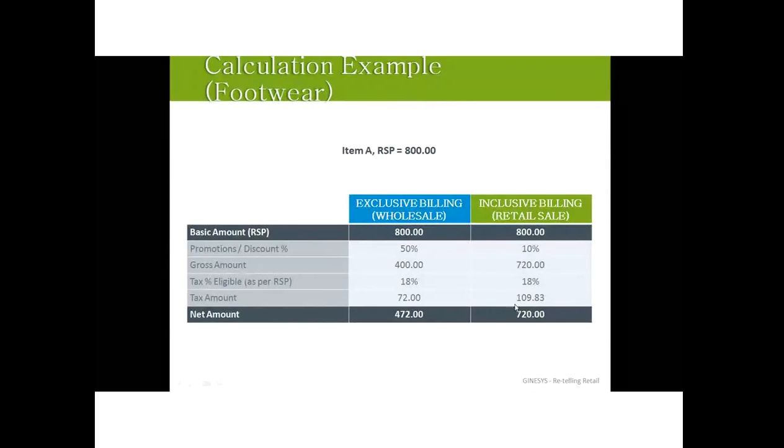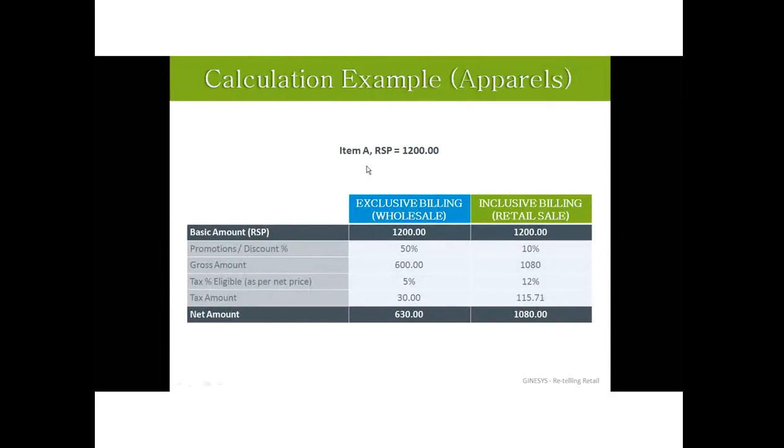So you'll have to back calculate, and approximately 109.83 is getting populated. So the net amount is basically the same as the gross amount since tax is in inclusive mode. Here I would like to point out that even if the transaction value goes below the slab, if the RSP is greater, the tax is picked up as per the RSP. Just keep this in mind.